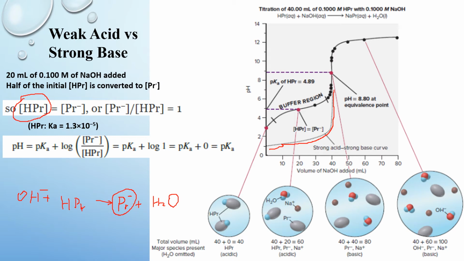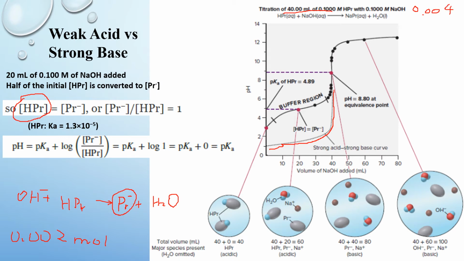So say we have 20 milliliters of the sodium hydroxide added. When 20 milliliters of sodium hydroxide is added, we have 0.002 moles of hydroxide, and the initial amount of the acid is 0.004 moles.